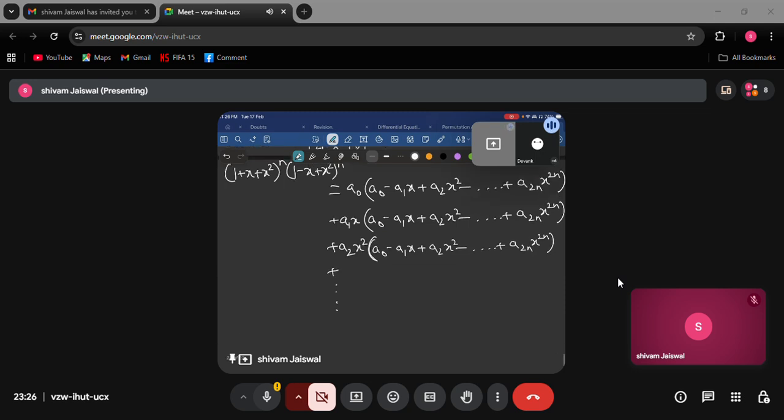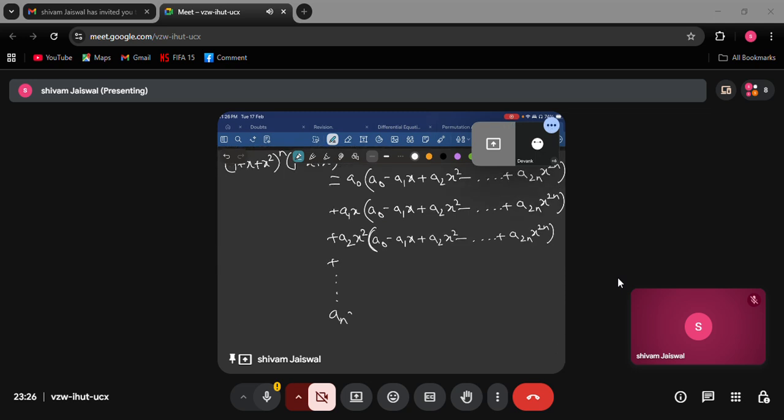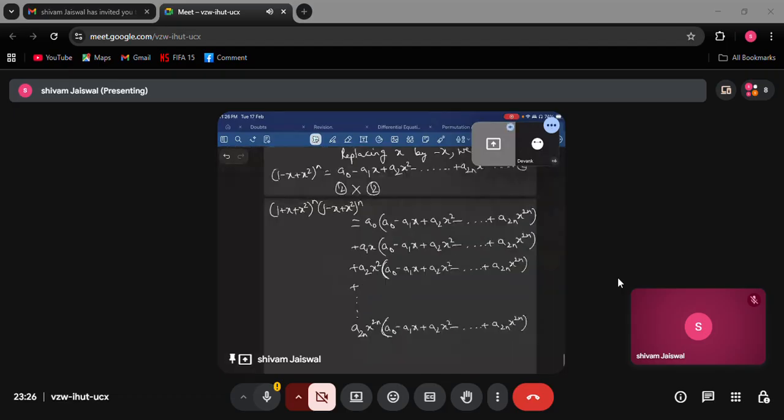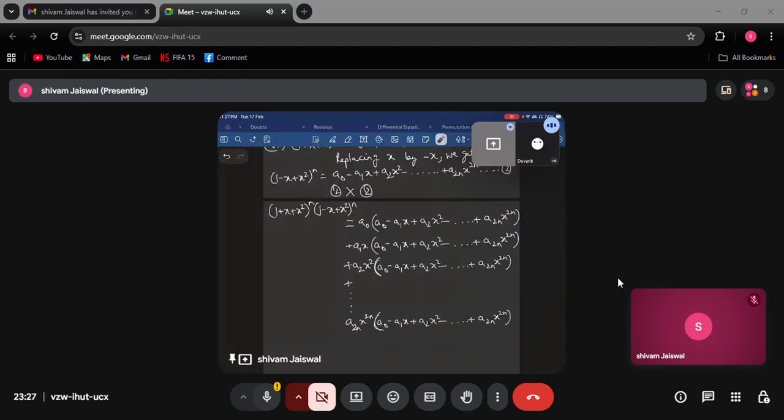Lastly, we are getting a_2n x to the power 2n multiplied by this. So everyone, how are we getting a0 square? a0 square is a0 into a_2n, the coefficient of x to the power 2n.